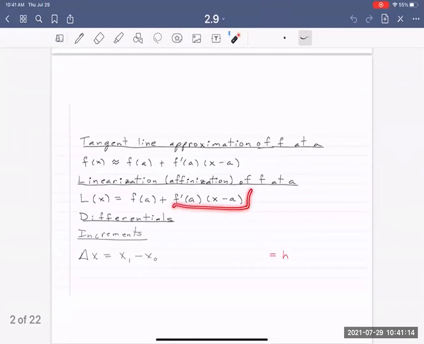And so this here is actually a linearization. It should include that, but who cares? We all call it linearization. So even though it adds this extra term here, which makes it into an affine transformation, we will say that this is the linearization of my function at a, equal to f of a plus f prime of a times x minus a.